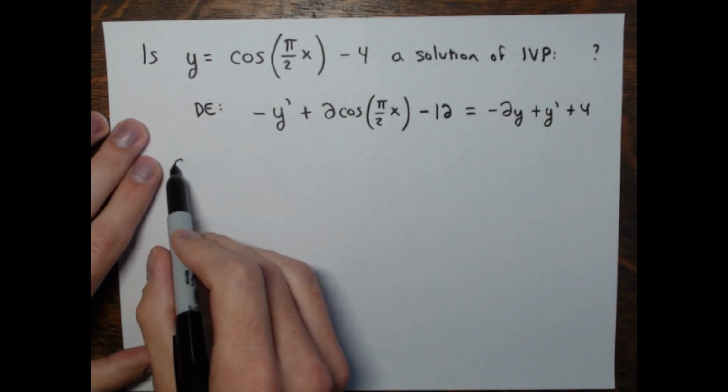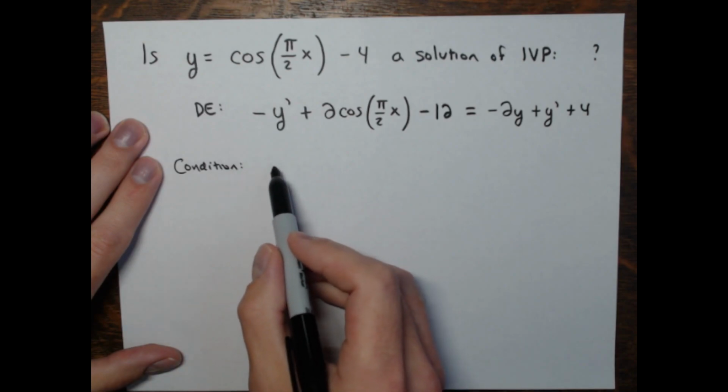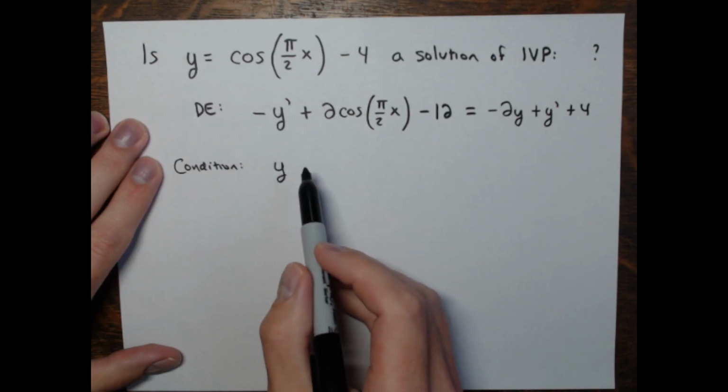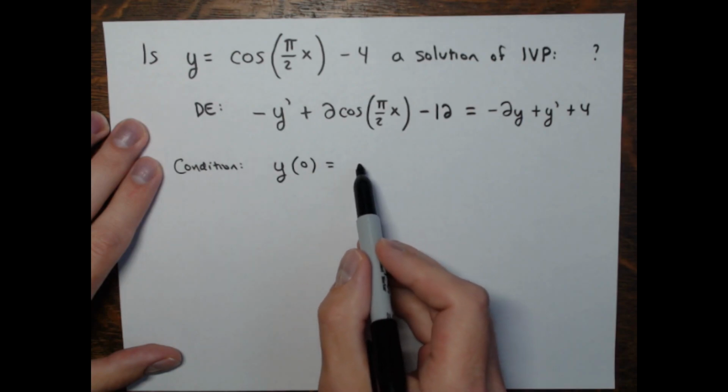So there's the equation, and then we have the condition that needs to be met. The value of y at x equals 0 must be negative 3.